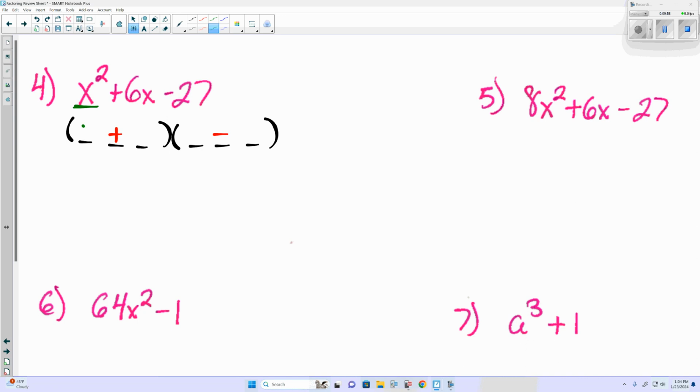Factors of x squared are x and x. Now, factors of 27 are 1 and 27, 3 and 9. And that's it. There's only 2 sets of factors for this one here. So we can do 3 and 9 first.